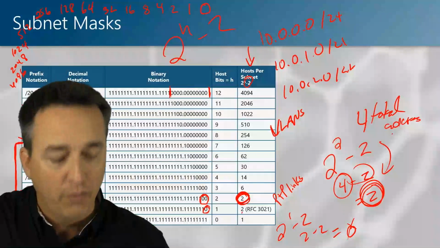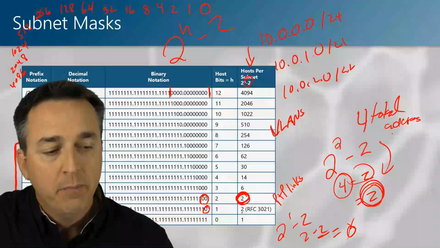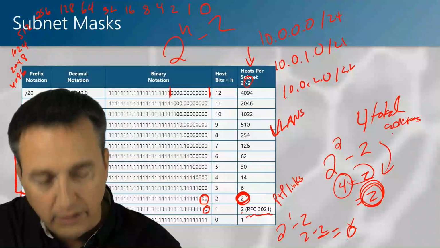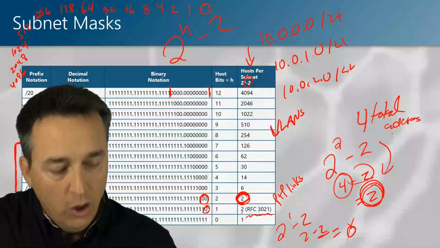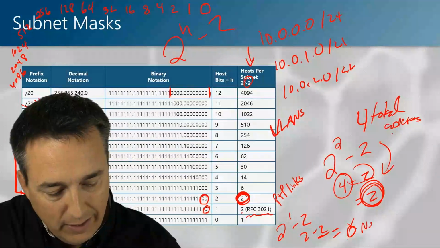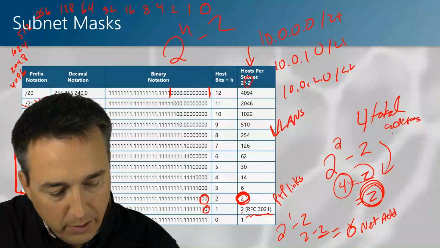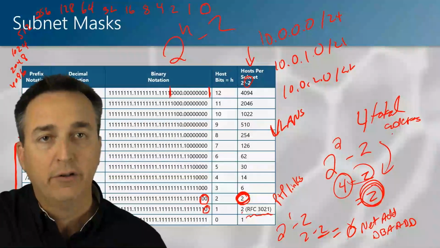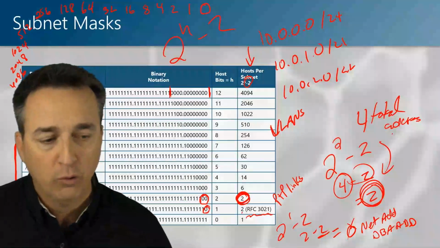No values left over because we're subtracting 2, right? But what it says is you don't have to subtract 2. RFC 3021 says you don't have to subtract 2, which means you assign the network address to one interface and you assign the directed broadcast address to the other interface. That's the only exception to that rule.